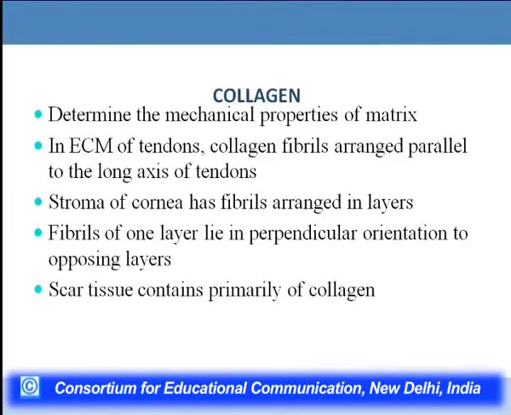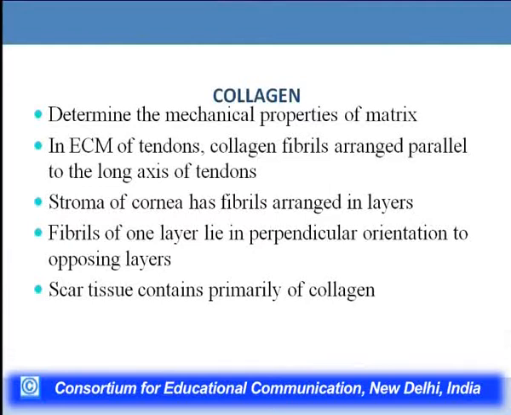But adjacent layers are in perpendicular orientation. So it is more like the arrangement of plywood. This arrangement helps in giving the stroma transparency as well as mechanical strength, because transparency is required for the light to pass on to the retina, and apart from that it provides mechanical strength.